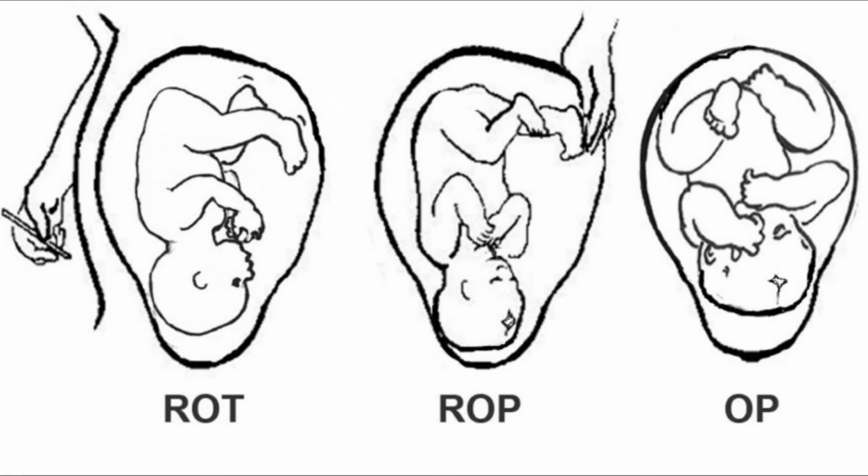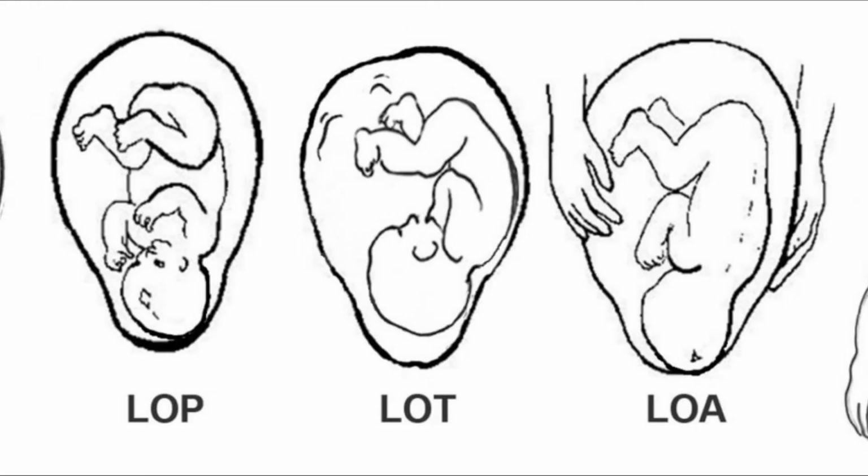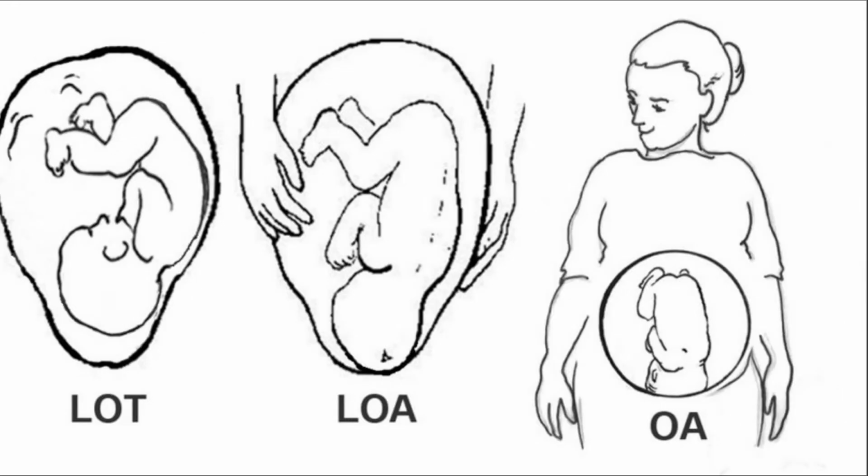So you have right occiput transverse, right occiput posterior, occiput posterior, left occiput posterior, left occiput transverse, left occiput anterior, and occiput anterior, which is the normal position of the fetus.